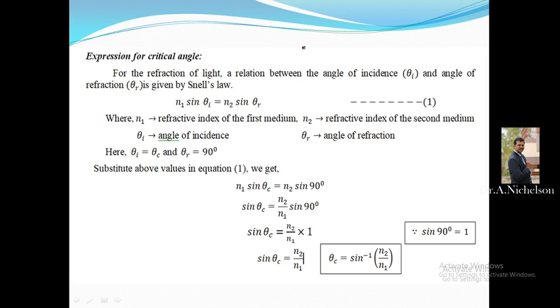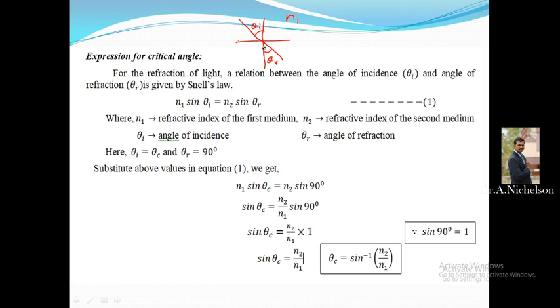As we have already seen, we considered two media: one is the rarer medium, another one is the denser medium. If you consider this as n1, this is the denser medium, the core, and this is theta I. The ray enters into this cladding, that is theta R, the angle of refraction.